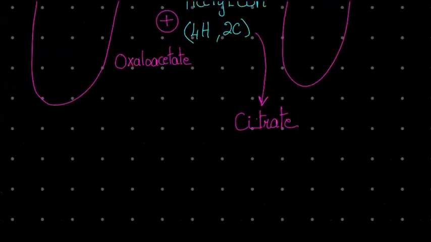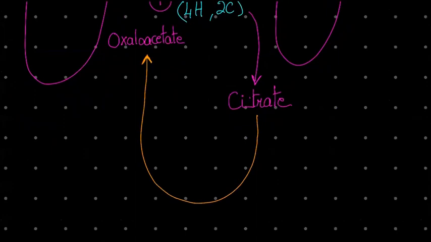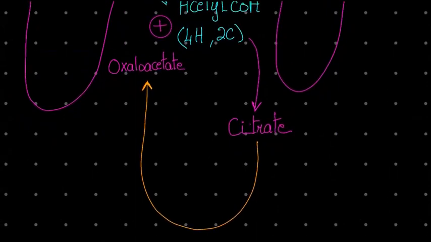So this citric acid is going to be passing through a multi-reaction process, many reactions. We don't need to know the details and the intermediates of those reactions to become oxaloacetate again.